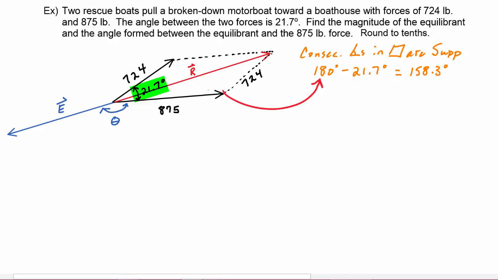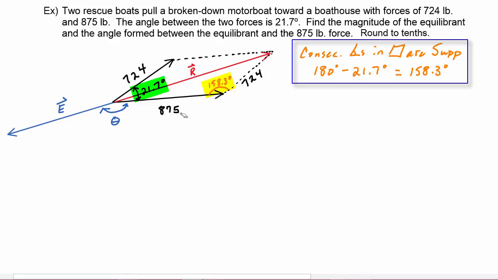And now we know that this angle in our triangle, which is also in the parallelogram, is 158.3 degrees. Remember that these two angles are consecutive angles of the parallelogram, so we knew they were supplementary. That's why we could subtract 21.7 from 180 to find out this angle.